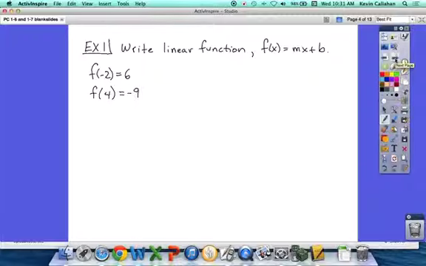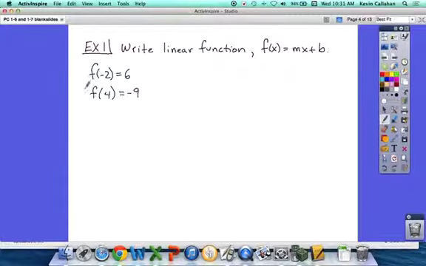So the first thing, which again will seem a little disconnected from the rest, is their first example, and honestly I think it's useful. Write a linear function, where by linear we mean something like mx plus b, if you're given these 2 points: f of -2 is 6, f of 4 equals -9.